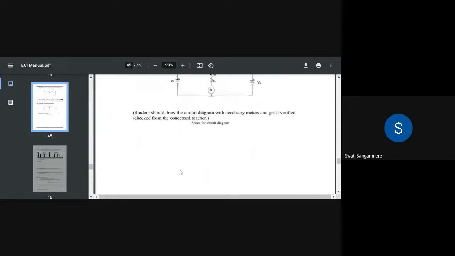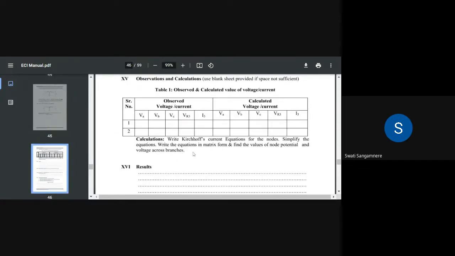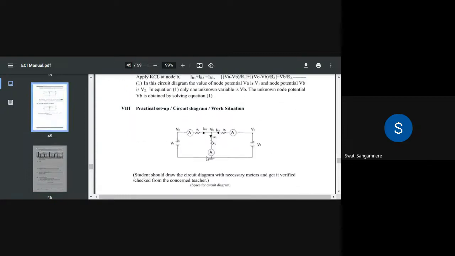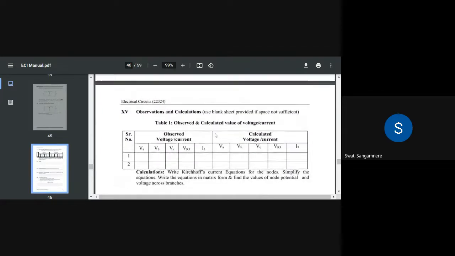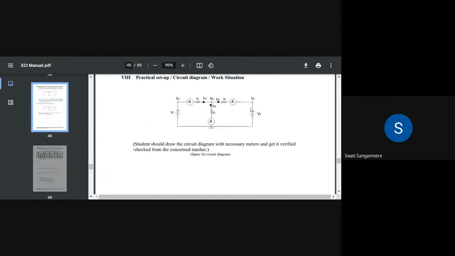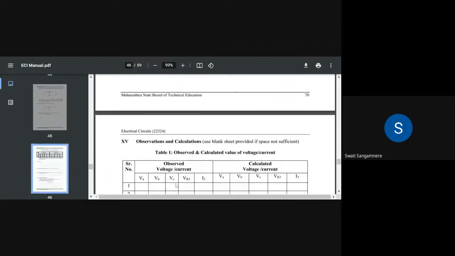Then VB means this node voltage, which we can measure with the help of a multimeter. And then VC means the second voltage source V2. We can adjust V2 to either 5 volts or 10 volts, so the node voltage VC will become 5 volts or 10 volts.